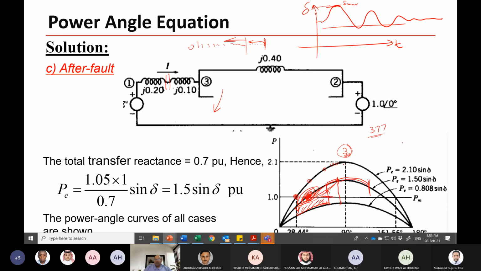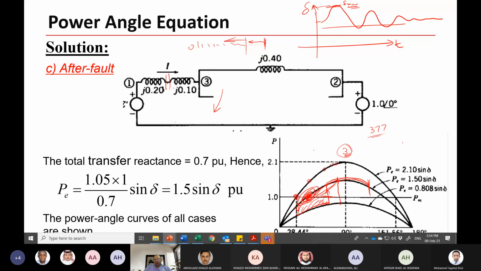During the transient, the angle can go beyond 90. We have deceleration, so it will go back and forth. So it can exceed 90 degrees during the transient. Is it clear, Ayub? Yeah, clear, doctor. So 90 degrees is not a stability limit during a transient. Exactly, yes.